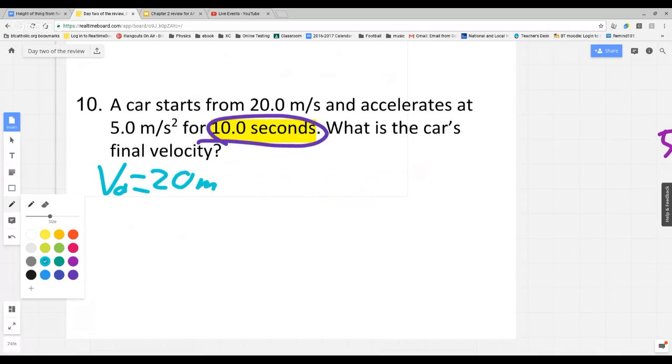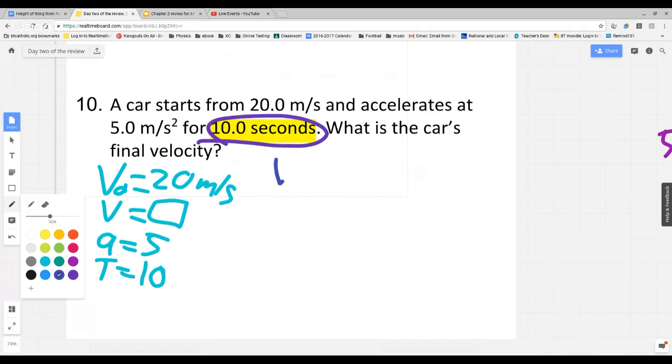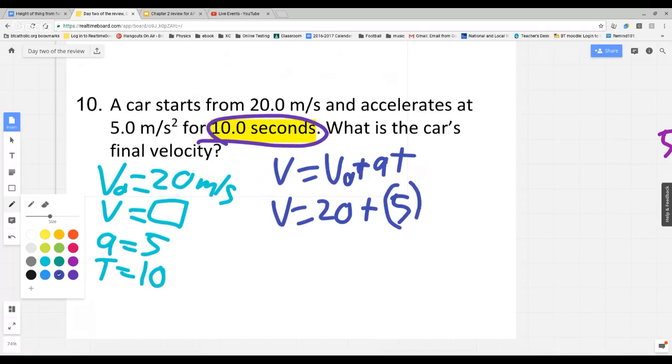20. It accelerates, V we don't know, A we have 5, and T equals 10. Which equation? So the answer is 70. Which equation? It's just a will.